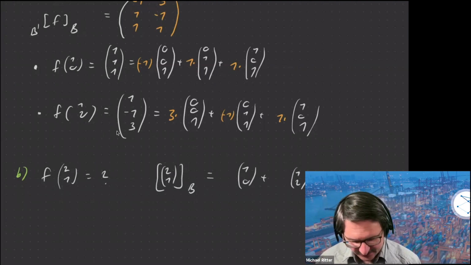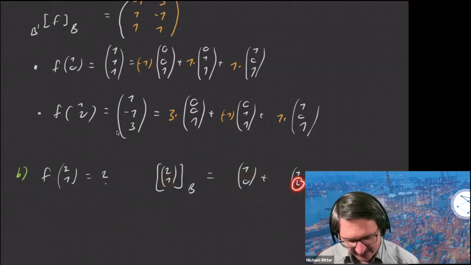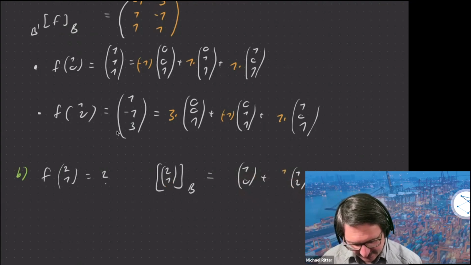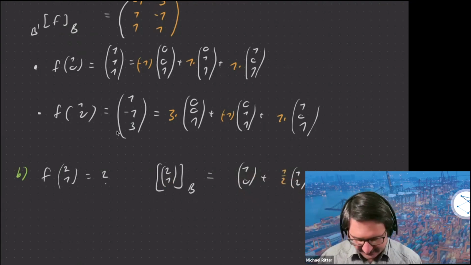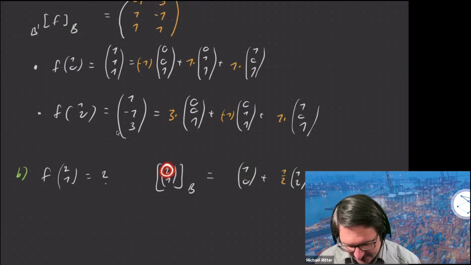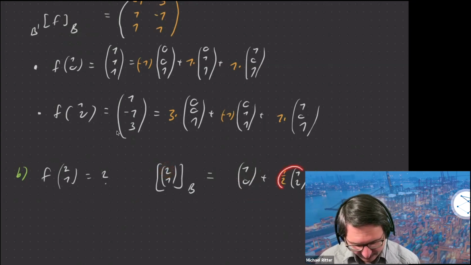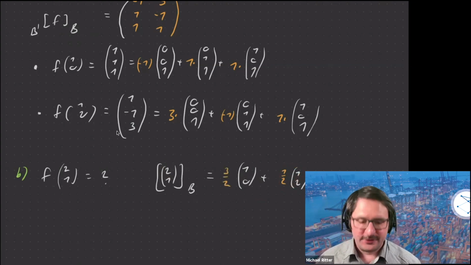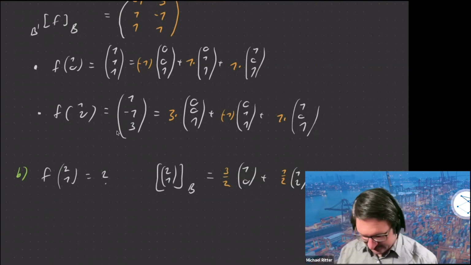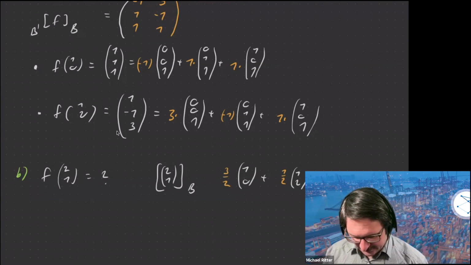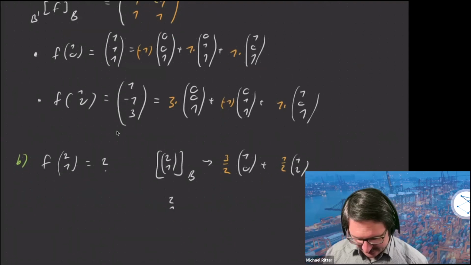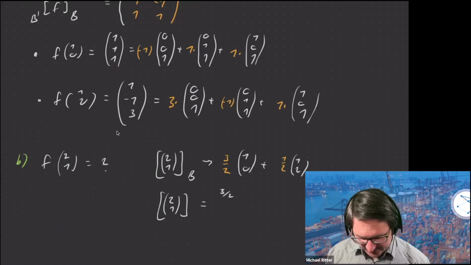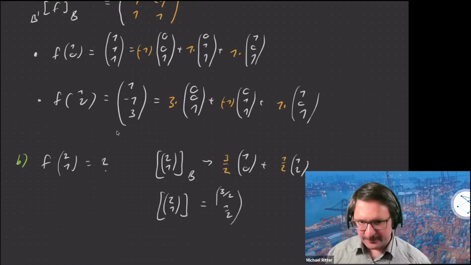Again, that system is easy to solve. We just look at that second row first. We need a 1. We can only get that with this coefficient, so we have to put a 1/2 here. And we need a 2 here. So we already have 1/2, which means we need 3/2 as the first coordinate. So that means this desired coordinate vector, in B coordinates, is (3/2, 1/2).